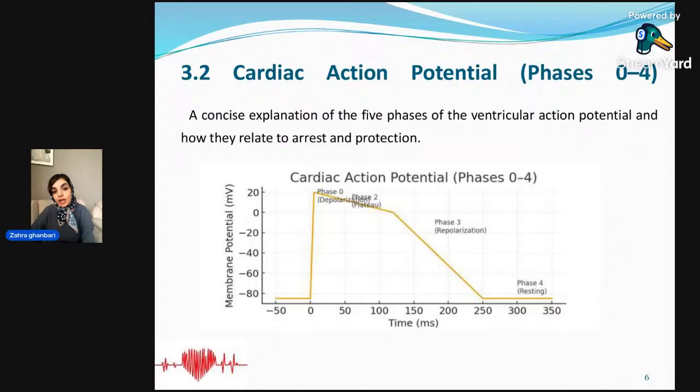The concentration of sodium inside the cell is less than outside the cell, so the leak sodium channels lead to influx of sodium into the cell. Conversely, the concentration of potassium inside the cell is more than outside the cell, so the leak potassium channels lead to efflux of potassium outside the cell.